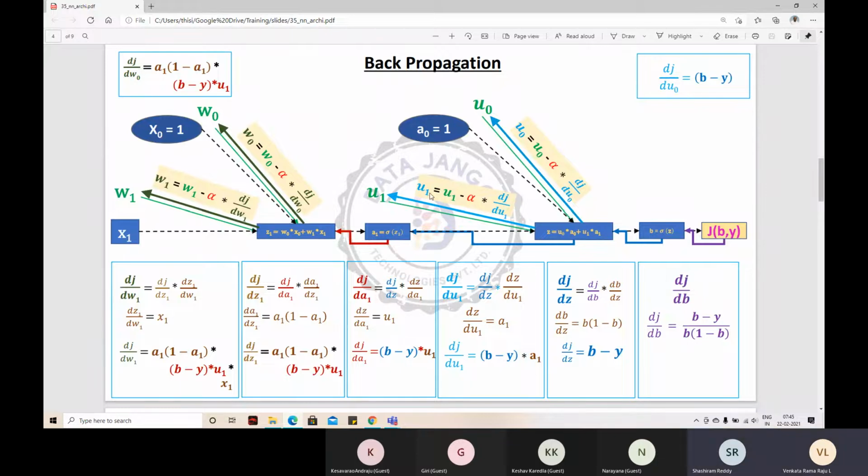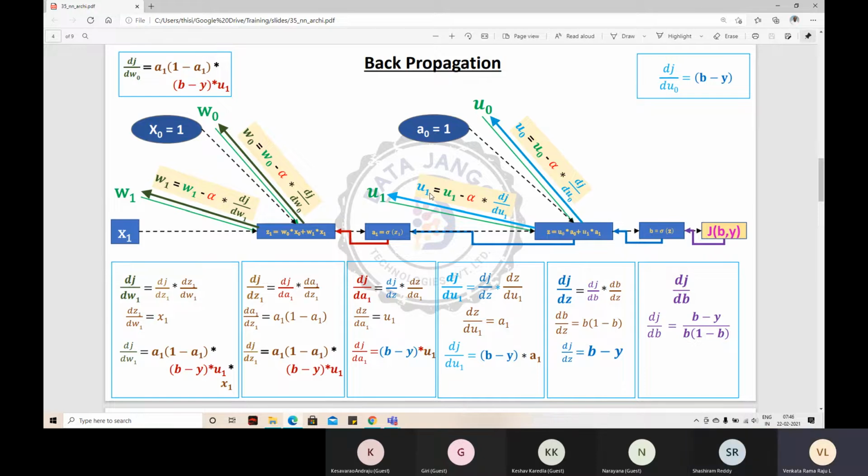Wherever the cost is, it adjusts thetas, or maybe U1, U2, in such a way that the cost is low. So that is one step, and it goes one step back, and there also it checks for the cost.